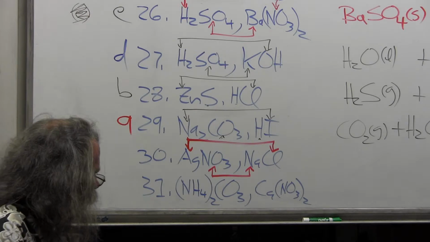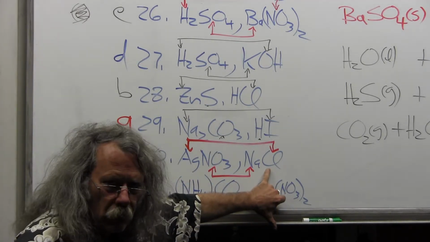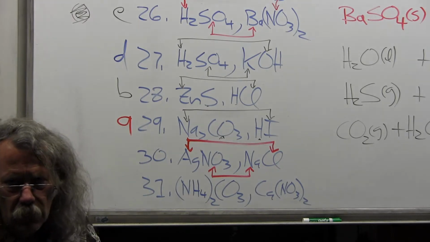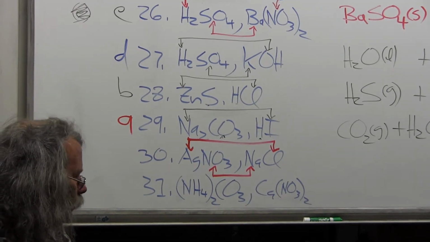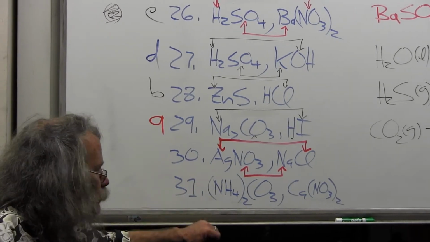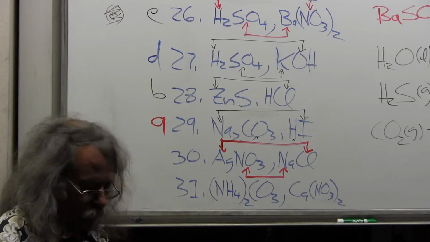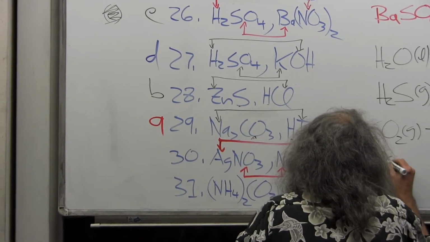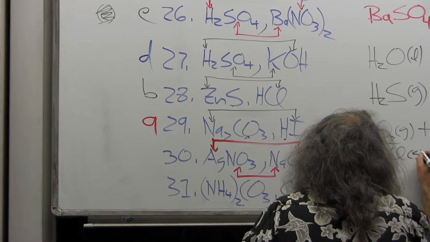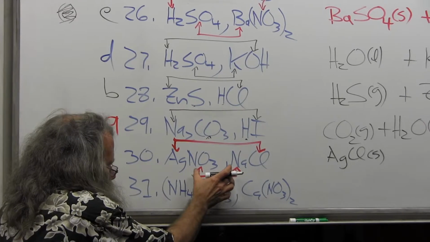Well, I don't have a rule for silver, but I do have a rule for chlorides. Most chlorides are soluble, the exception being in the presence of silver plus 1 cations, it's going to form a precipitate. It's going to form the insoluble silver chloride solid.